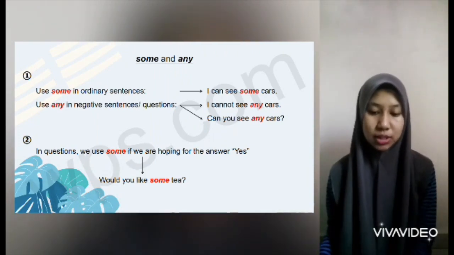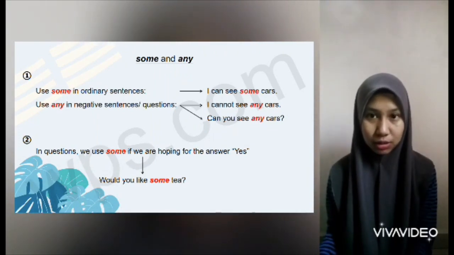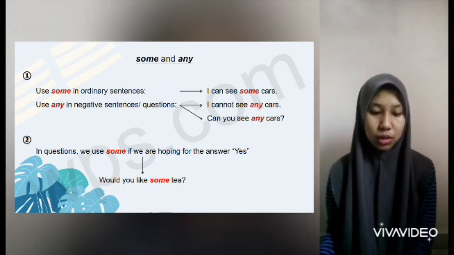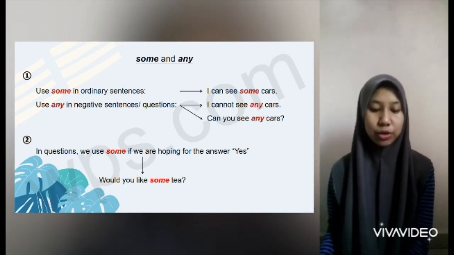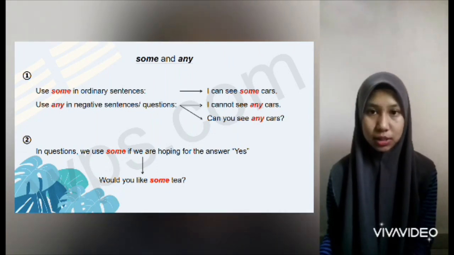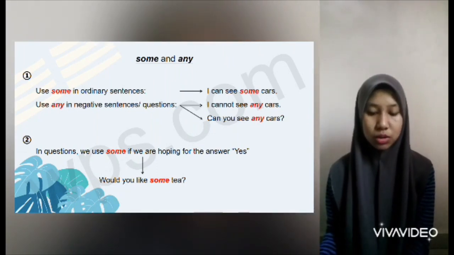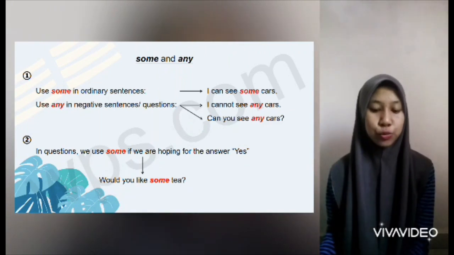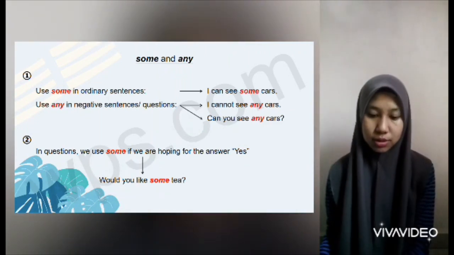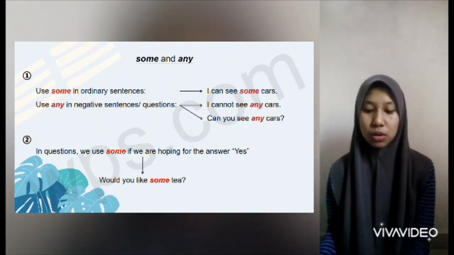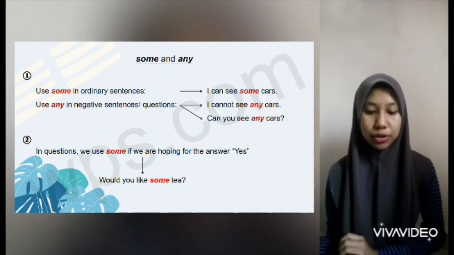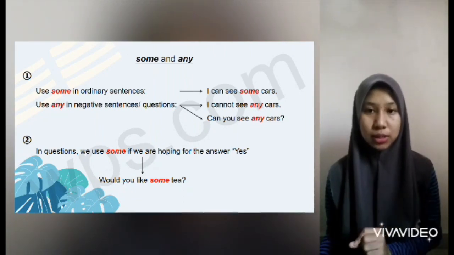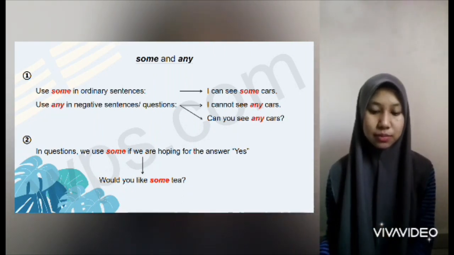And questions, can you see any cars? Number 2, in questions, we use some if we are hoping for the answer yes. For instance, would you like some tea? So in this sentence, the person is hoping for the answer yes. So he used the word some in his sentence.